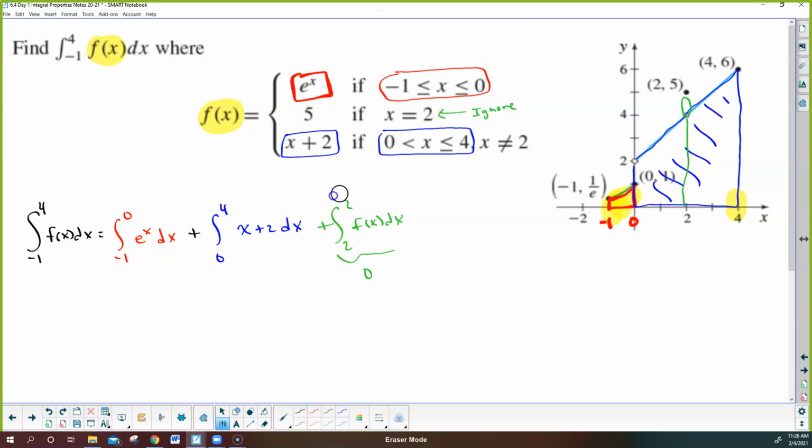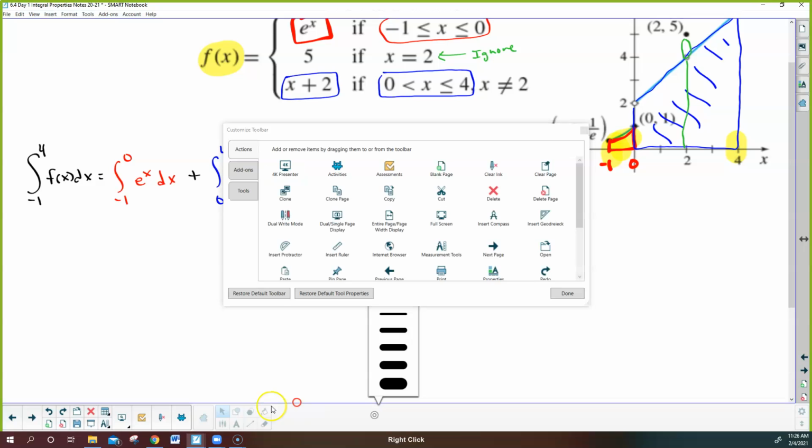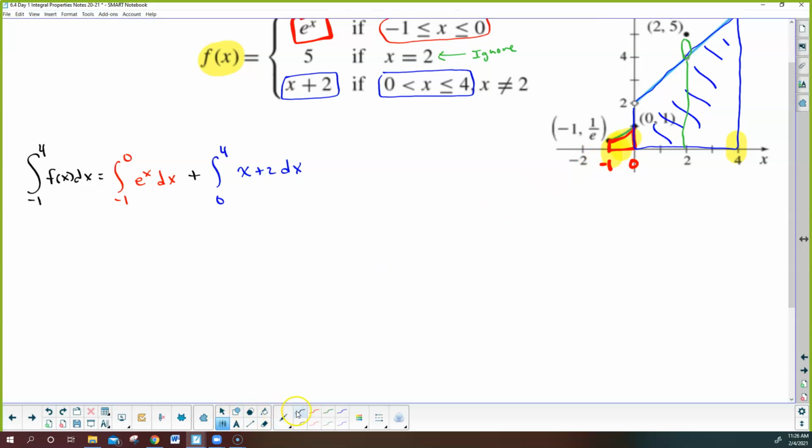So I'm going to erase that because we don't really need that, but that is another property that pops in. So now the true area under the curve will be represented by the answer to these two integrals. And yes, you could do this in your calculator because they don't tell us to use our calculator or not, but I want to practice the no calculator work here.